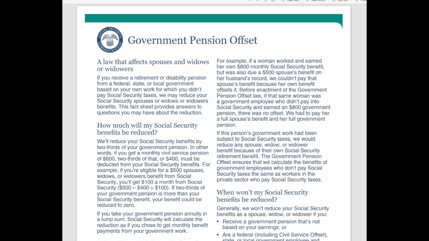Like the example that we used in the windfall elimination provision video, let's say that you are a teacher in Ohio and you are paying into the teacher's retirement system there, which is a private pension system. That means that there are no Social Security wages or no Social Security taxes that are coming out of your paycheck. So everything's going into that teacher's retirement system.